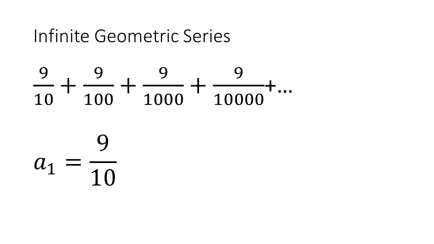So 9 over 10 times 1 over 10 is 9 over 100. 9 over 100 times 1 over 10 is 9 over 1,000, etc. This number that we multiply each term by, we call that term R for the ratio. So in this case, R equals 1 over 10.